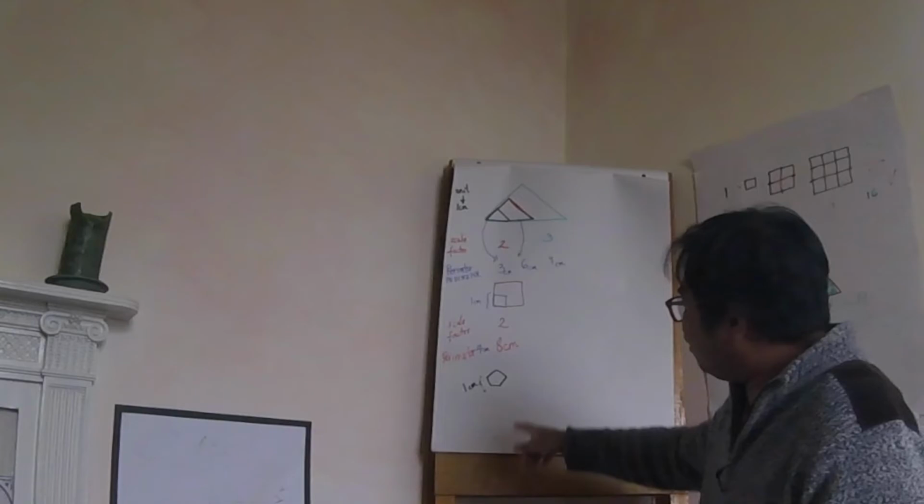Okay, thank you. I double this, and this should be double, and this should be double here. So it should be 1, 2, 3, 4, 5, 6, 7, 8, 9, 10. That's the perimeter.